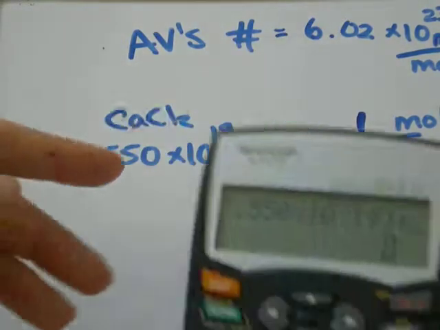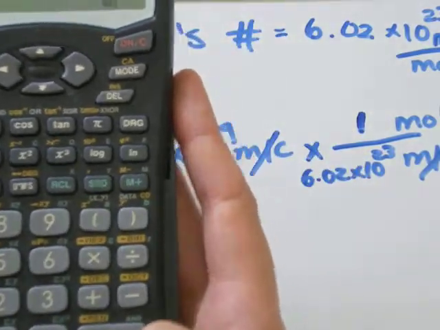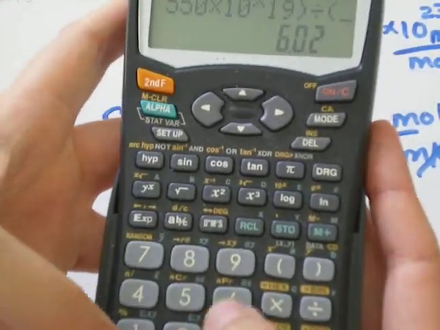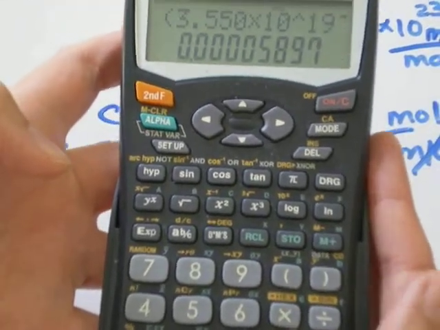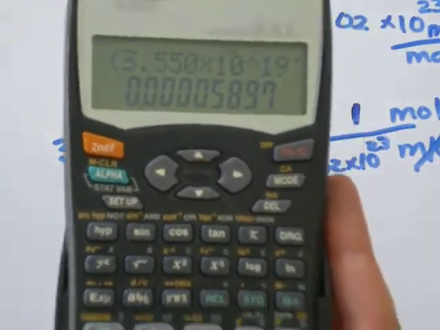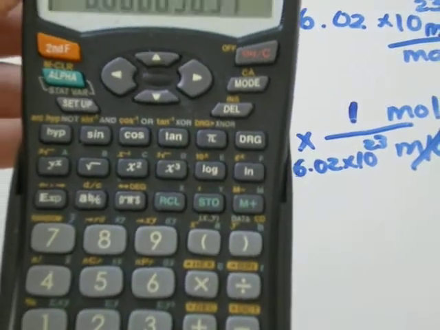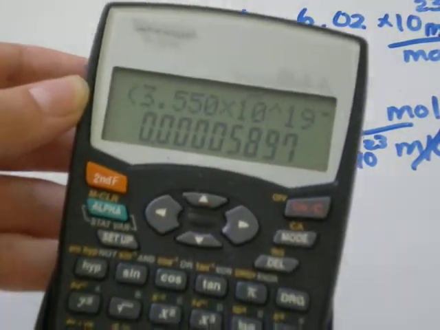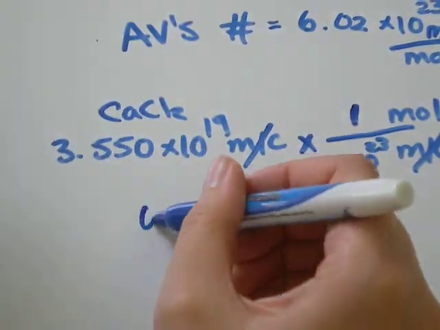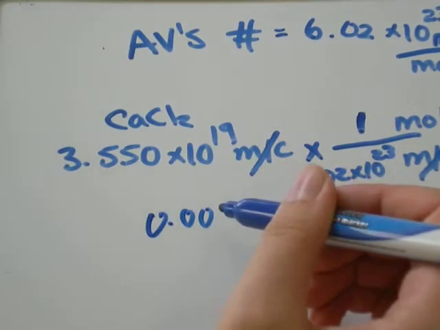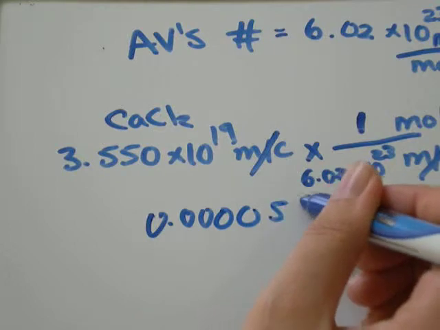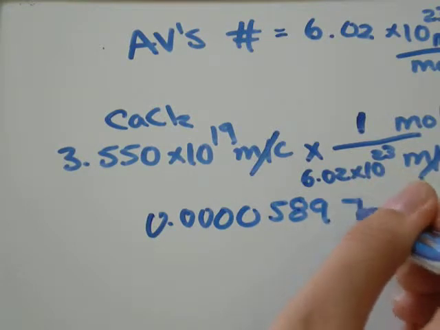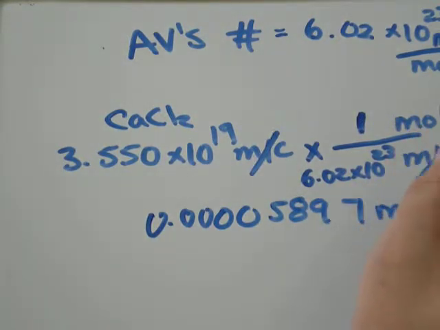So I'm going to do it as divide. Open bracket 6.02 times 10 to the 23rd equals, okay, so I've got to switch hands, so that's what I got. 0.00, how many zeros? 1, 2, 3, 4, 5, 8, 9, 7 mole.